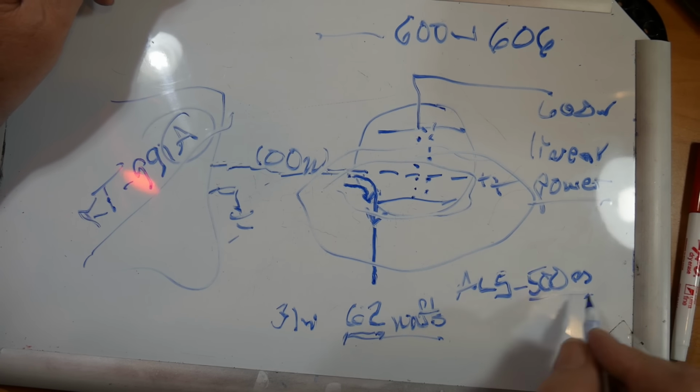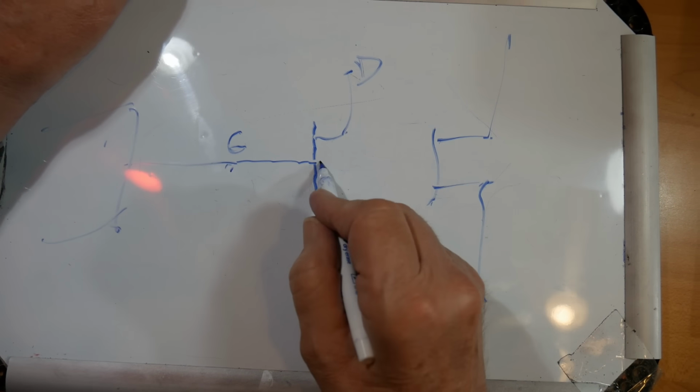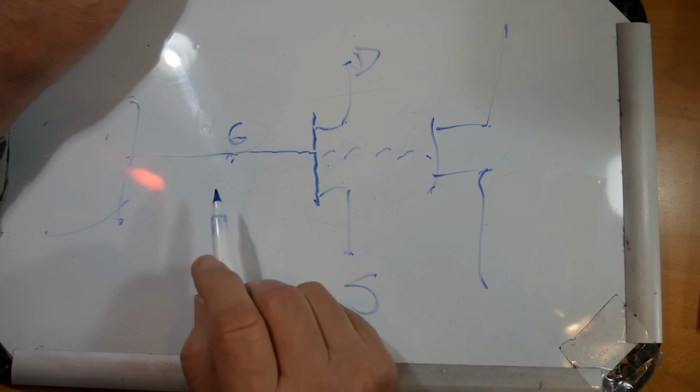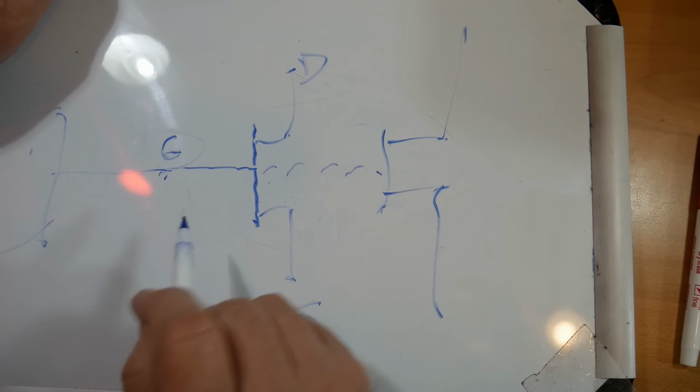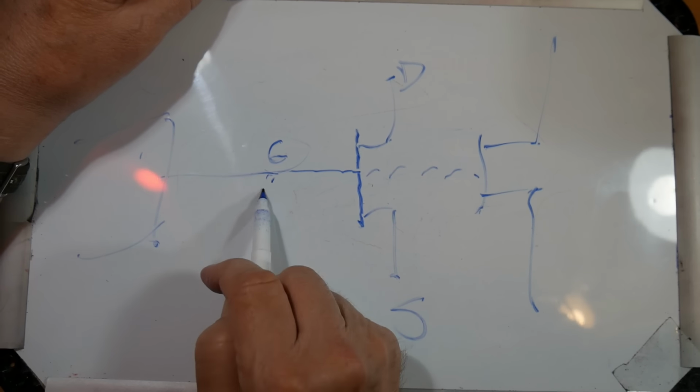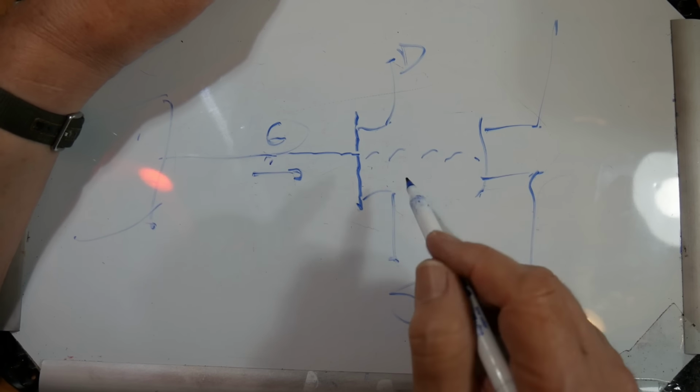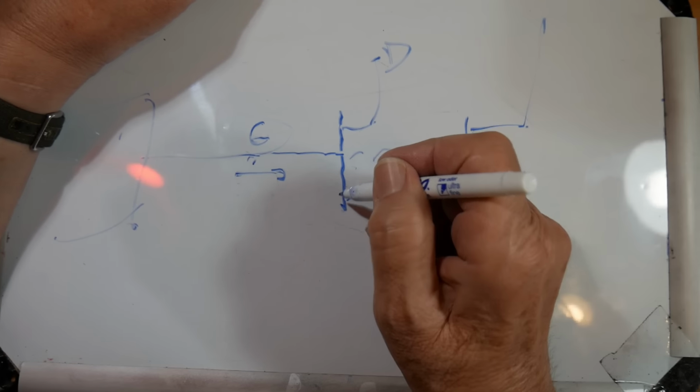Let's do this with transistors. You've got the drain up here, the source down here, and this is the gate. Often these will have multiple FETs. My ALS-500M has four of them, and the gate goes all the way through. So where's it going to go? You've got RF current coming this way, it's going to go down here, and it's going to affect what's coming down here. The only way to get sufficient amplification is you need power to come in.